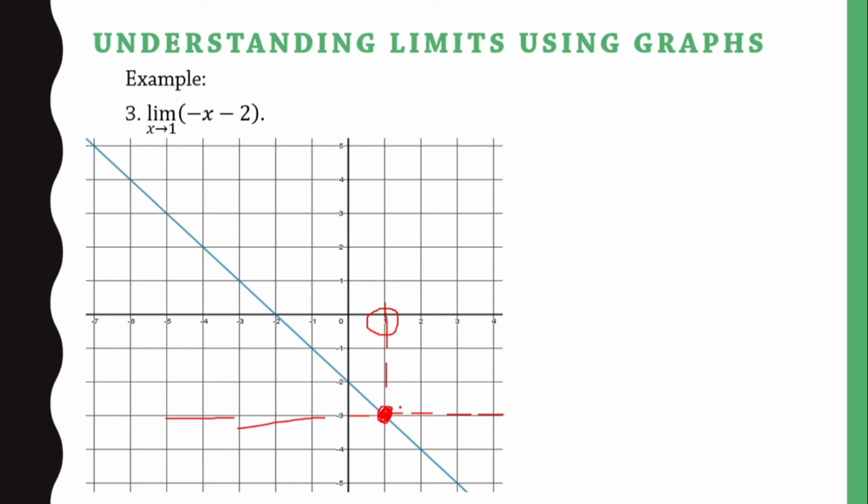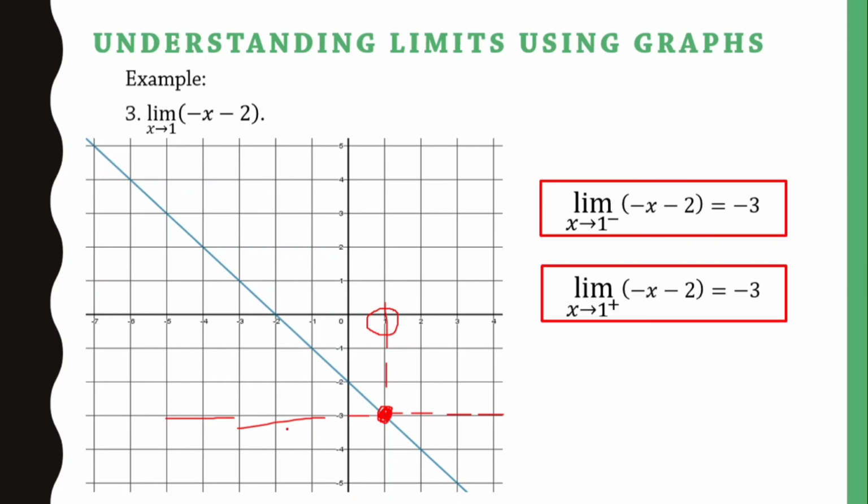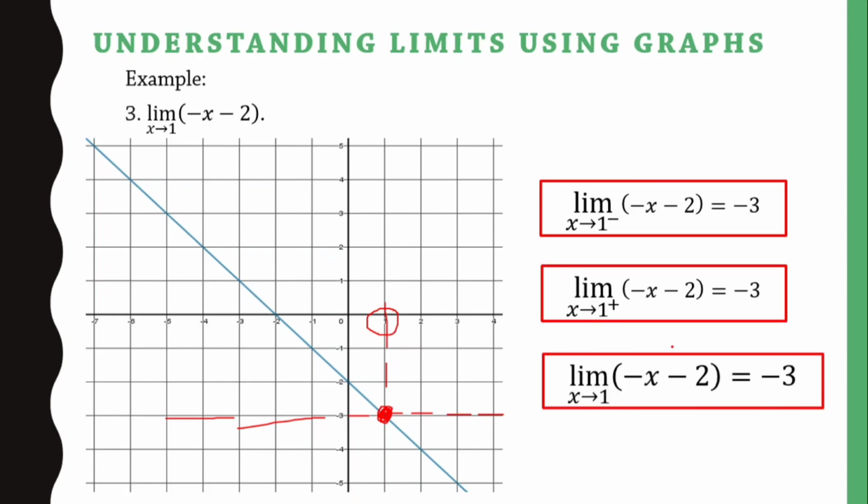The value that y approaches is negative 3, both from the left and from the right. So we say that the limit of negative x minus 2 as x approaches 1 is negative 3.